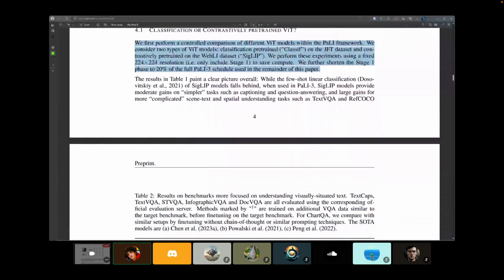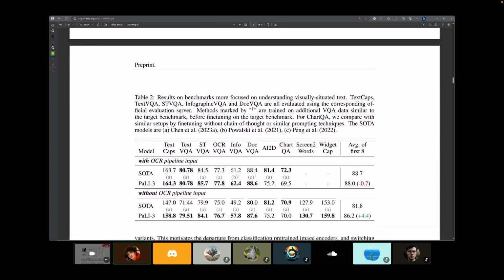The results in Table 1 paint a clear picture overall. While the few-shot linear classification of SigLIP models falls behind, when used in PaLI-3, SigLIP models provide moderate gains on simpler tasks such as captioning and question answering, and large gains for more complicated scene text and spatial understanding tasks such as TextVQA and RefCOCO.